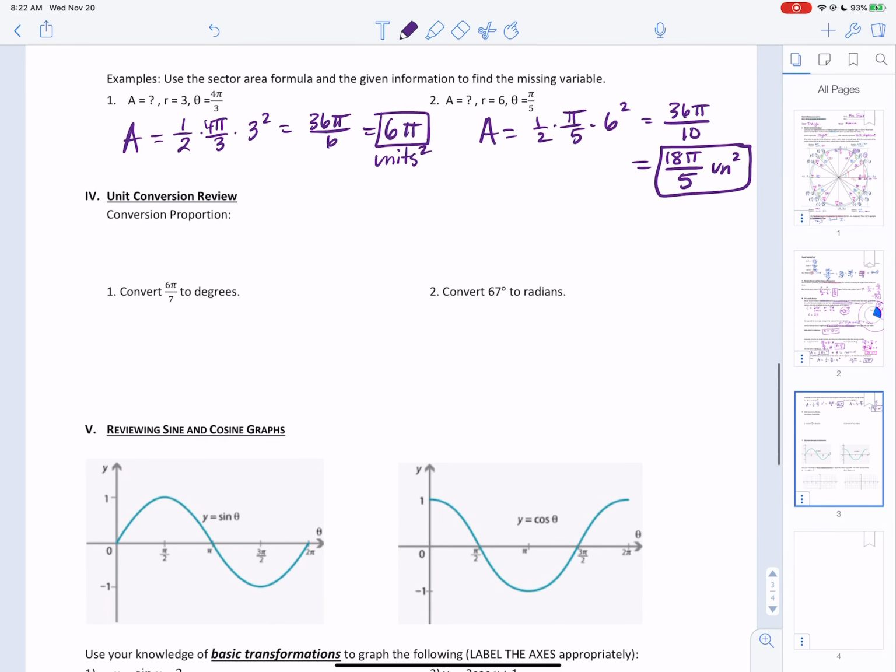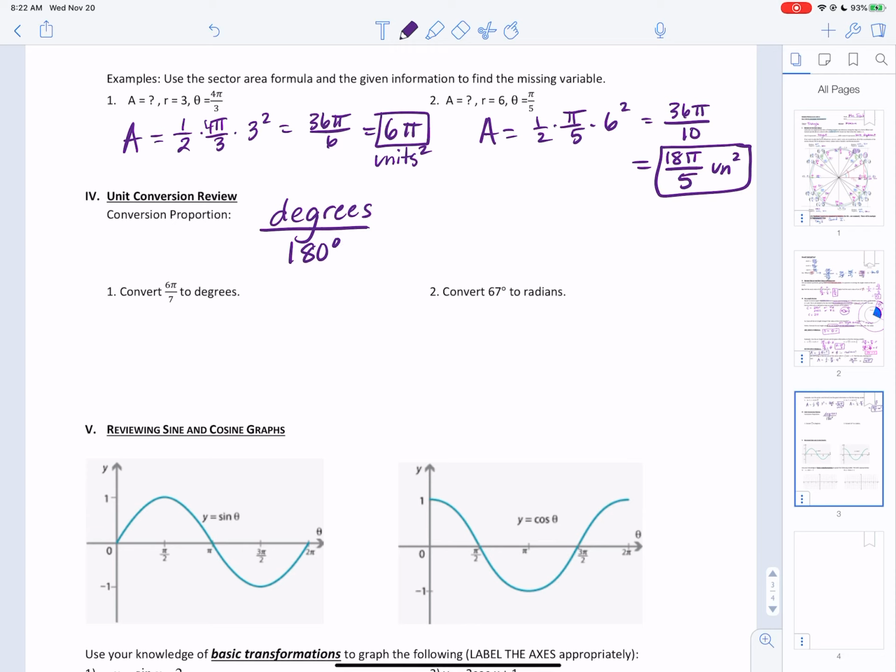All right. We also talked last year about converting from degrees to radians and radians to degrees. We used a proportion for that. And some of you can figure out how to do this kind of thing in your head. I like having a proportion.